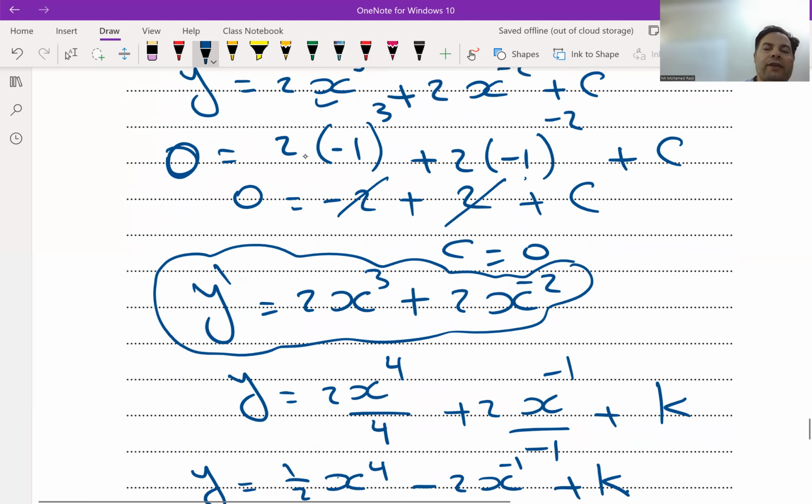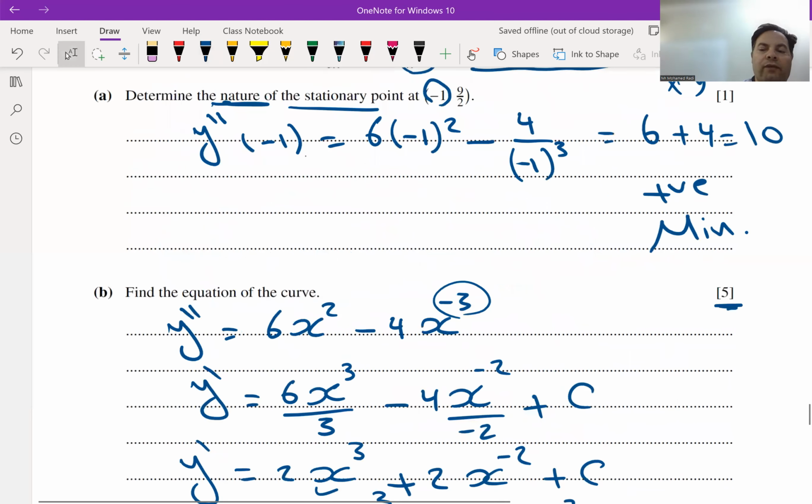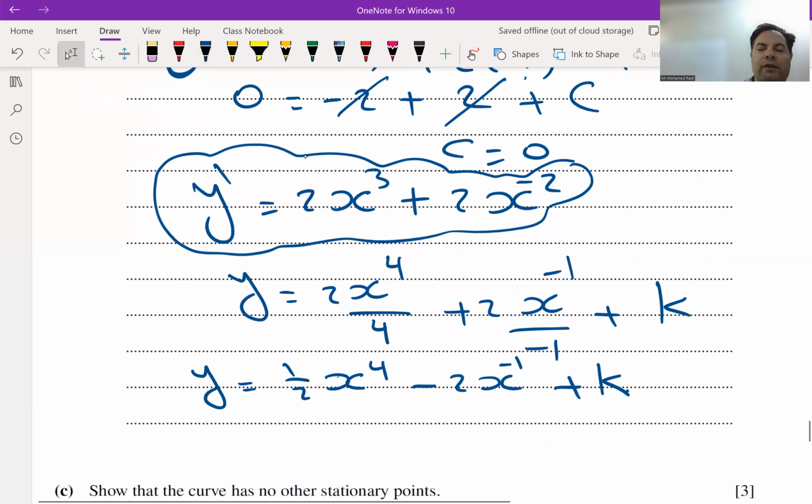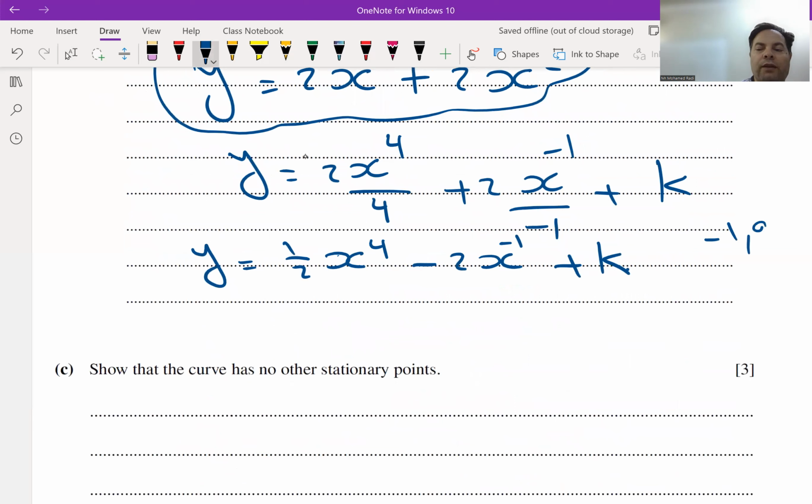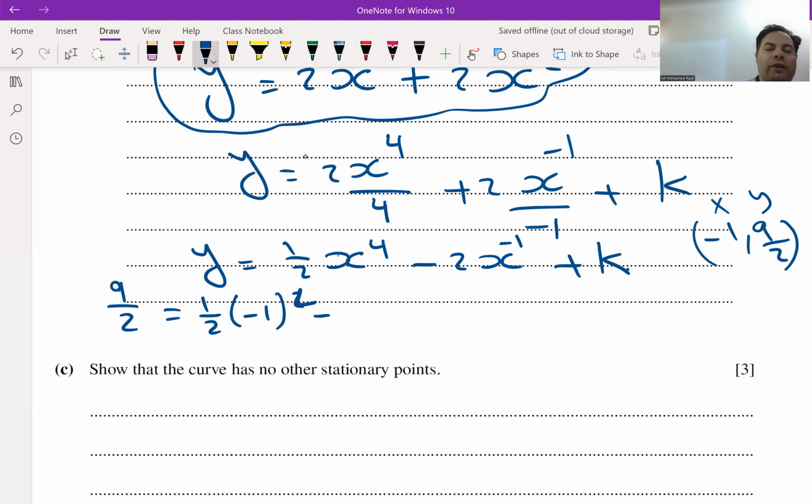We'll use the same point because it's on the curve: -1 and 9/2. This is x and this is y. Remove y and write 9/2 is equal to half times (-1) all to the power of 4 minus 2 times (-1) all to the power of -1 plus k.